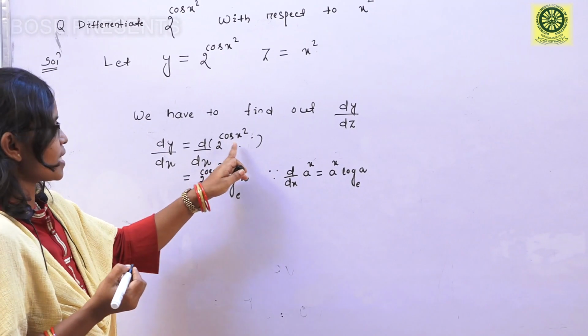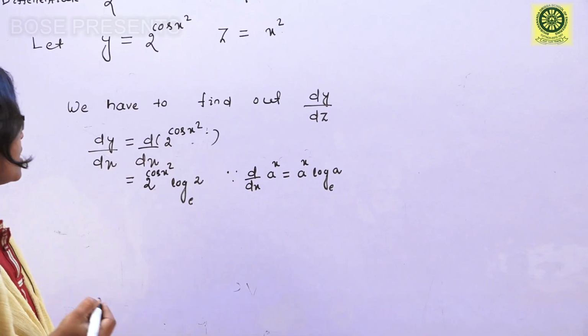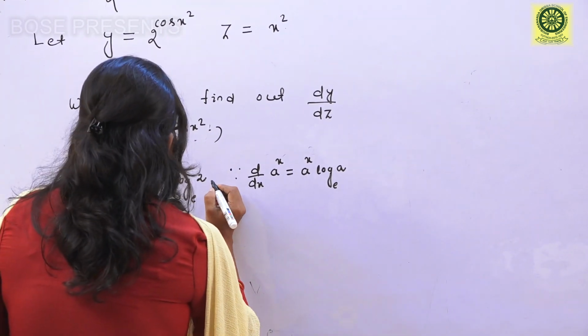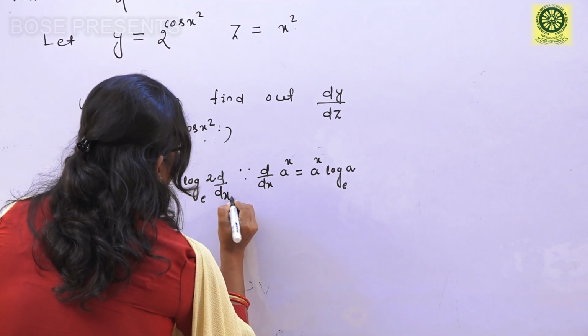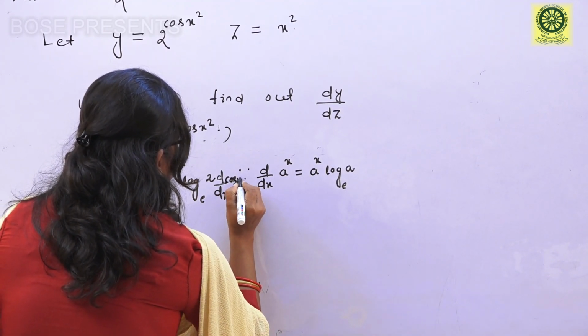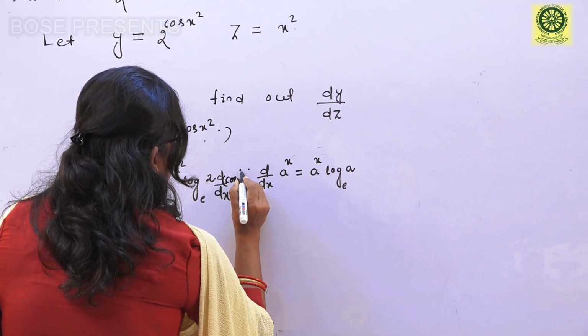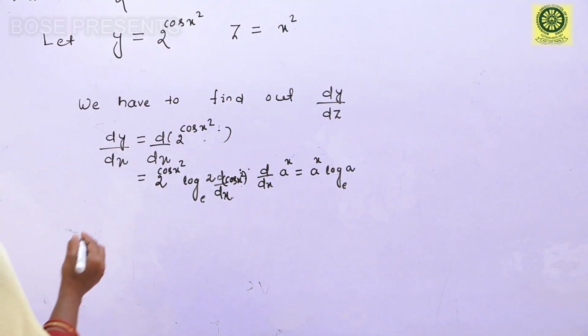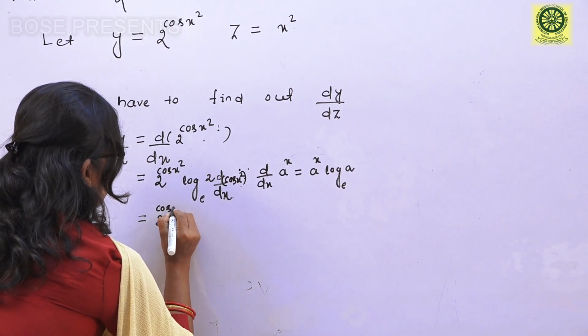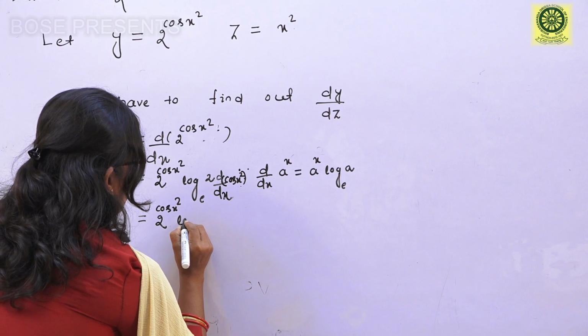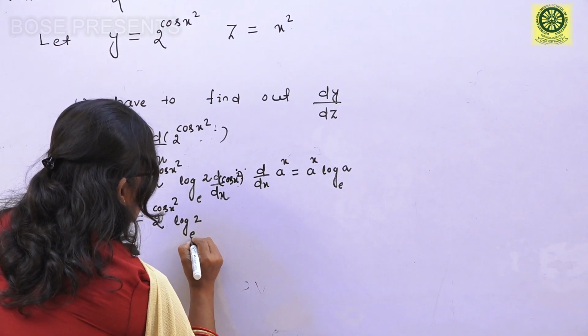But here cos x square is also a differentiable function. So here again we have to differentiate cos x square. Okay. Then that equals what? 2 to the power cos x square log 2 base e.